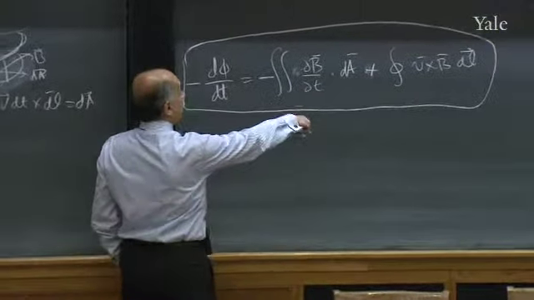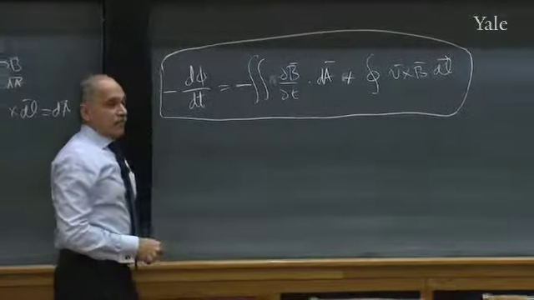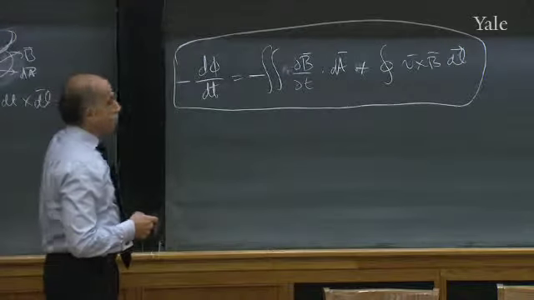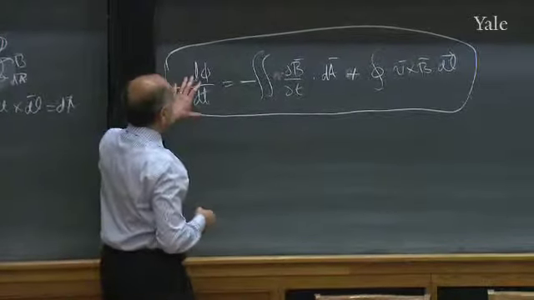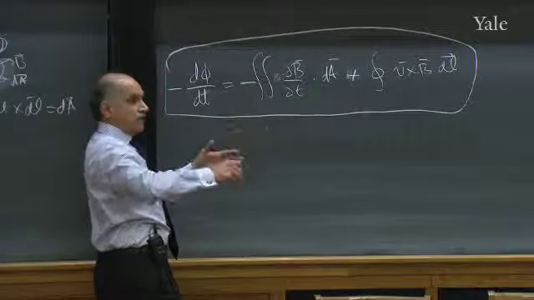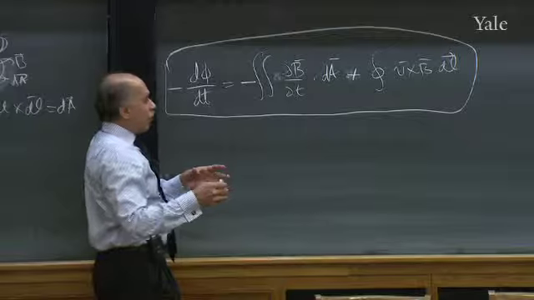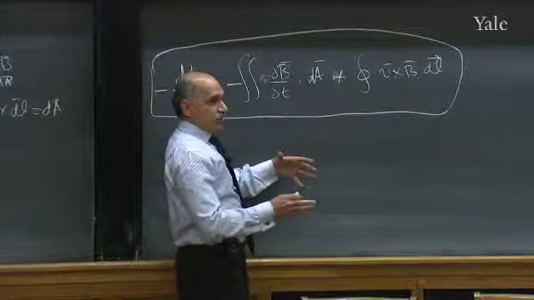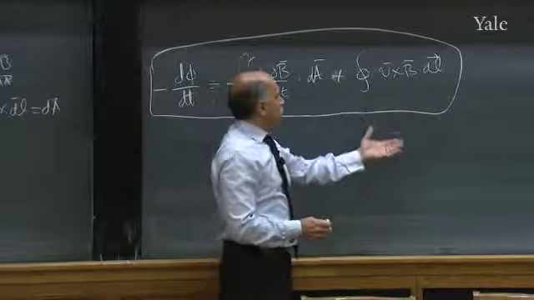So here's what I get from the old Faraday and Lenz's law. This says the rate of change of flux has two parts. You take a contour and you find the flux changing through it. It's got two parts. One, because the field itself is changing over that region. Second, because the loop itself is changing.